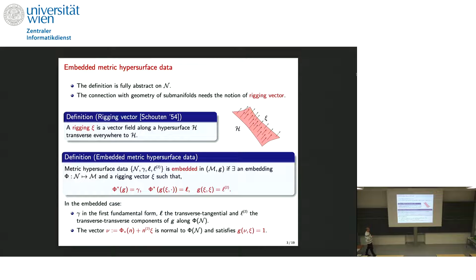There's only one normal that satisfies this condition, and it's given precisely by this quantity. Note in particular that when N squared is 0, then the N vector is just the normal vector, which in this case is tangential. So N and nu, you should think of them as the same thing in the null case. So N is then a null generator in the case of null hypersurfaces.